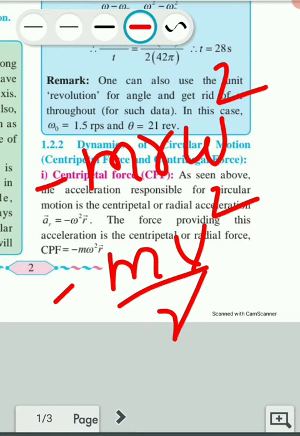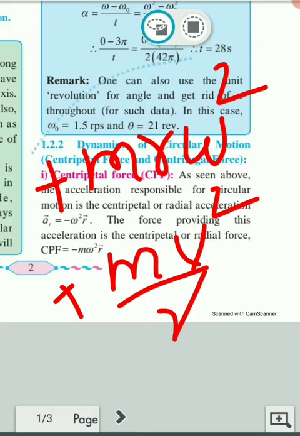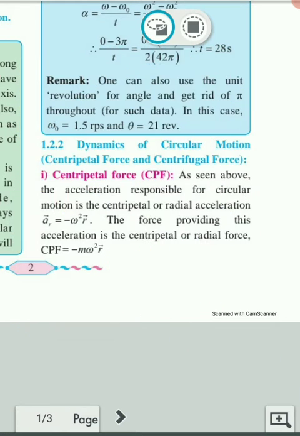Okay, and the magnitude of centrifugal force is plus m r omega square and mv square by r. Okay, now we compare these two forces, centripetal force and centrifugal force.